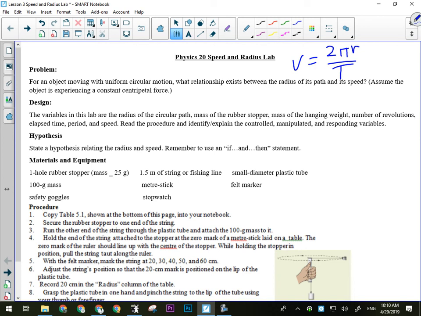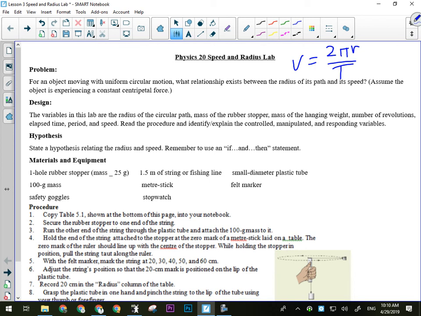We'll start out with a small radius, then go to a larger radius and a larger radius, and we're going to measure a few things on each different radius. For each radius, we will be measuring the time required for 20 revolutions.